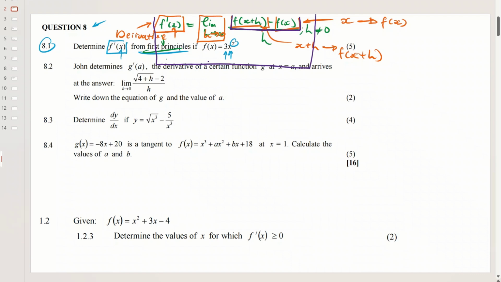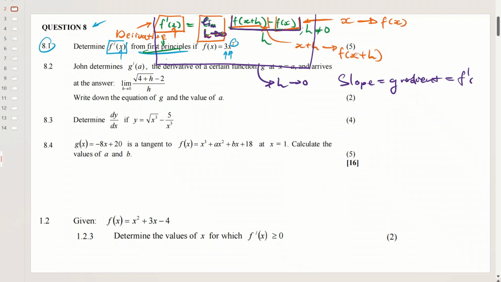So now let's talk about the entire expression. The entire expression tells us we are taking the limit of our average rate of change over the interval as h approaches 0, giving us the instantaneous rate of change, which is known as the slope, which is also known as the gradient.